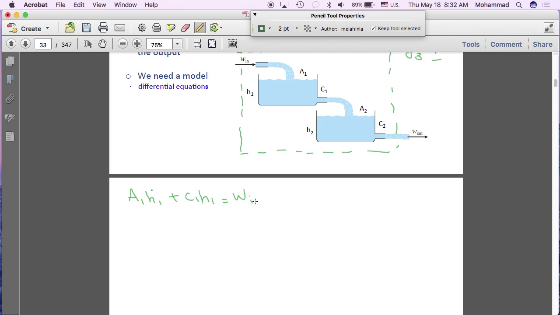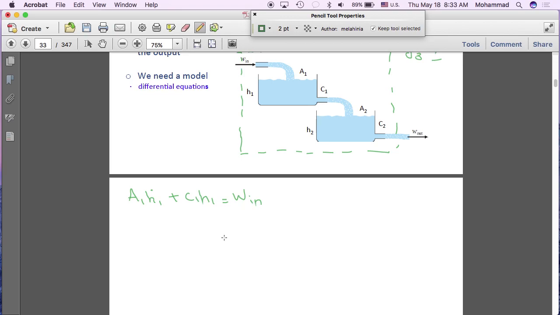Is that right? Could you double check? Yes? Okay, so that's the equation that we can write for the first tank. So that tells us how the first tank behaves, as if the second tank doesn't exist at all. It just captures the behavior of the first tank.